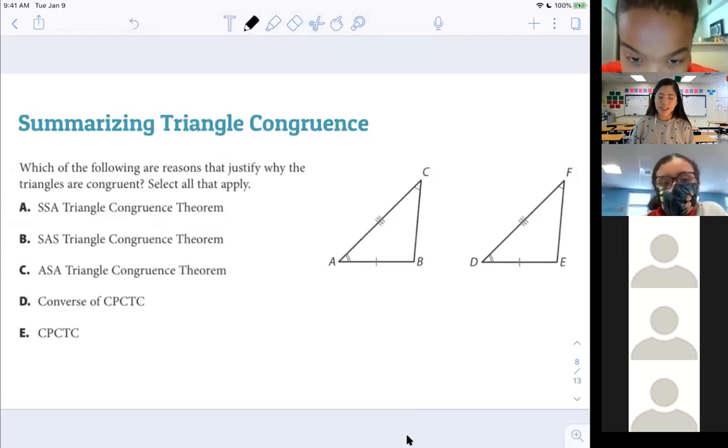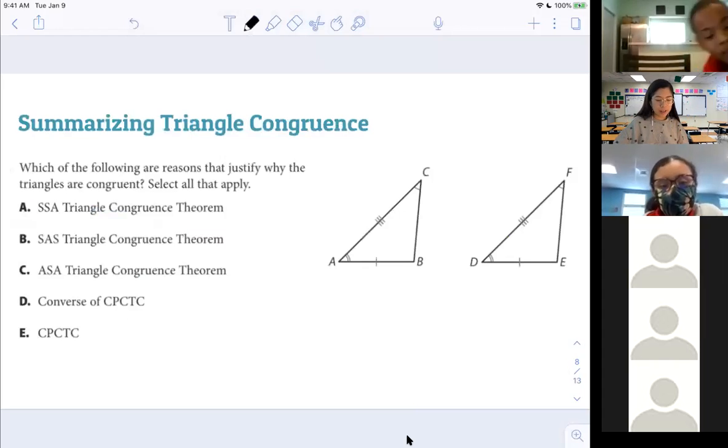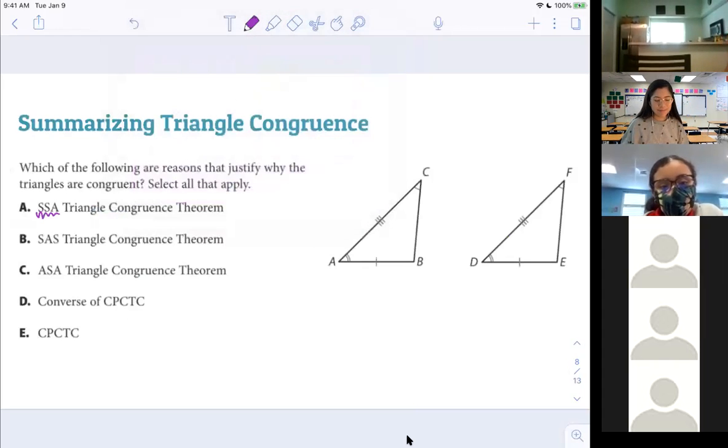Ms. Lopez, for the SAS, the angle has to be between both sides, right? Correct. And for the SSA, it has to be like side. Okay, yeah, never mind. It tells you the order. And we haven't gotten to SSA, so you can kind of think, okay, maybe that's not the right answer.